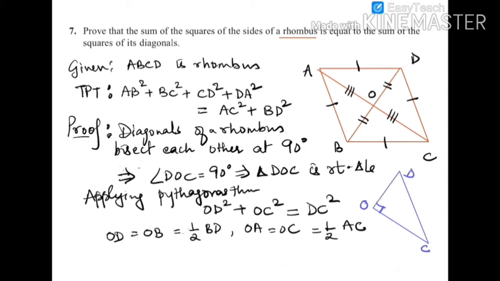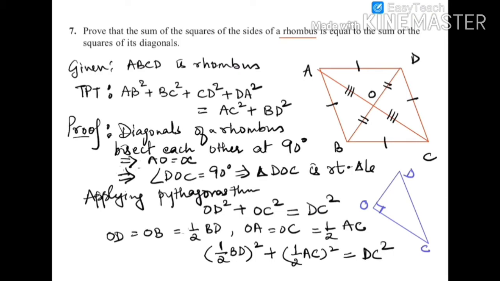So now we can substitute in the above equation OD as half BD whole square plus OC as half AC whole square equal to DC square. We can add here OA equal to OC and OB equal to OD.